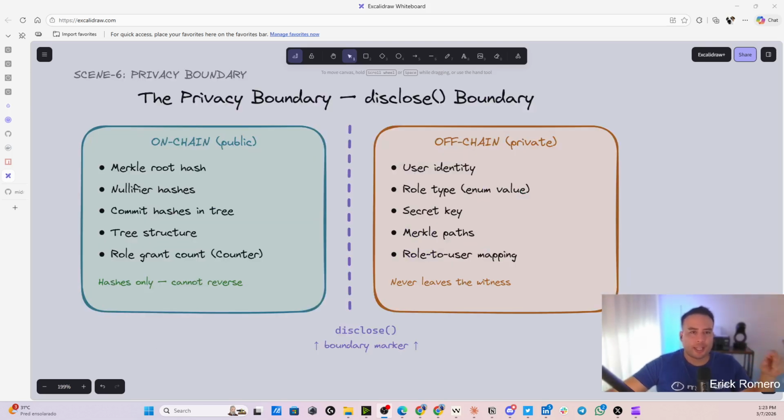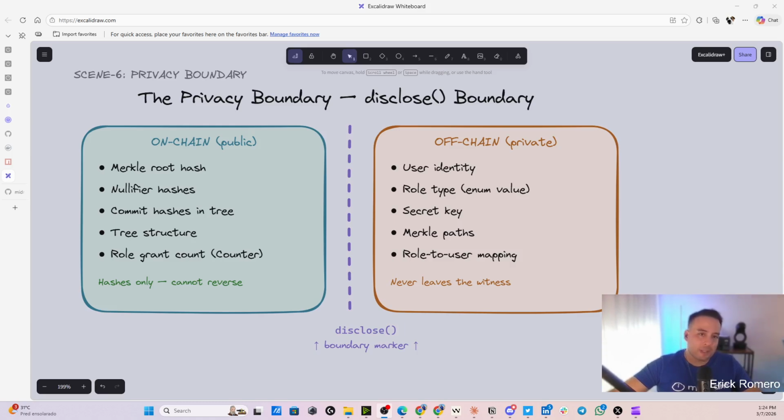Let's draw the line clearly, because understanding what's public and what's private is everything in a ZK system. On chain, visible to everyone: the Merkle tree structure, including the root hash, the nullifier set, the commitment hashes stored in the tree, the fact that some role was granted to someone, and the counter tracking how many roles have been granted.